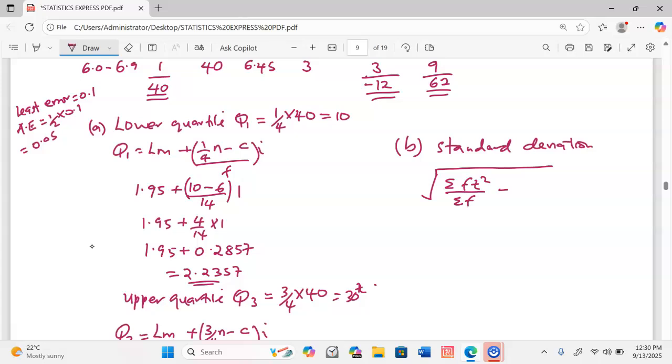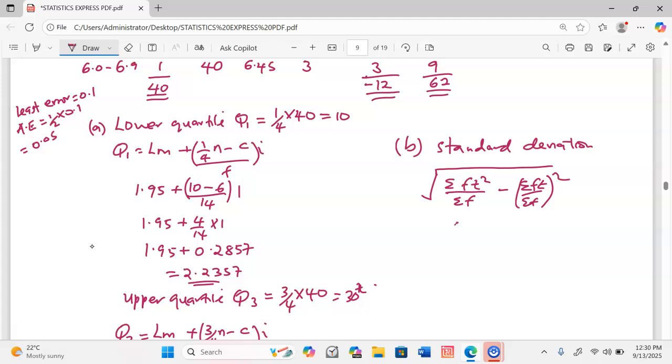Then we minus the mean of t squared, which is given by the summation of ft divided by the summation of frequency.